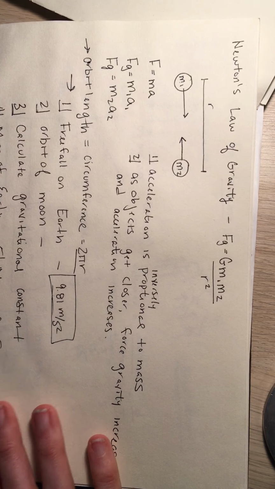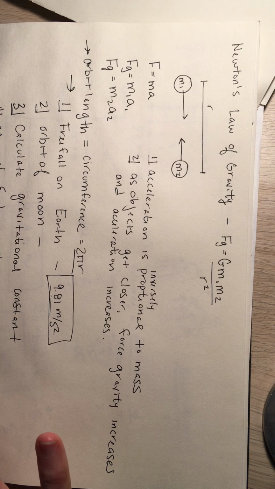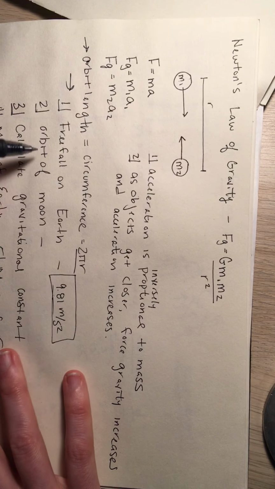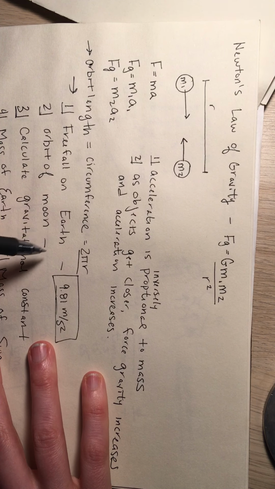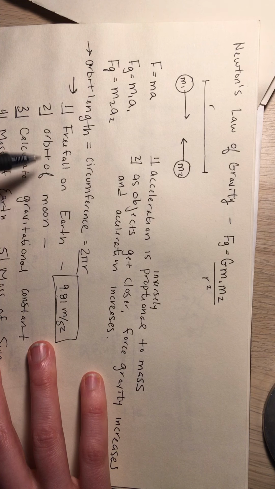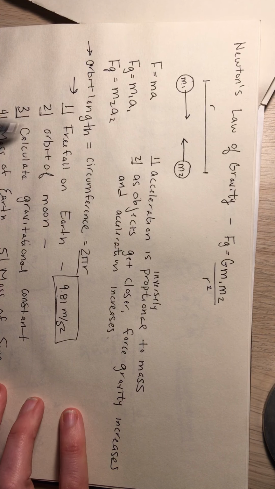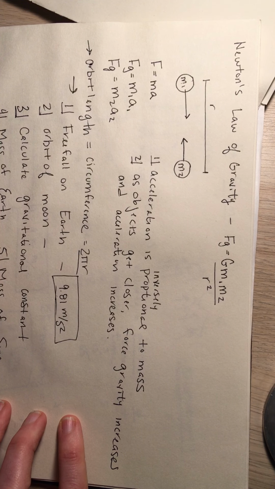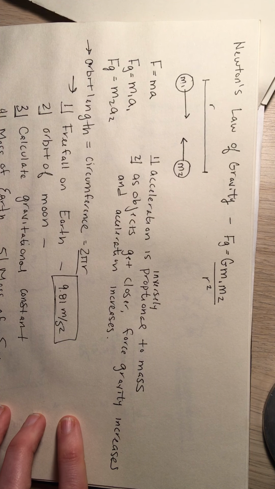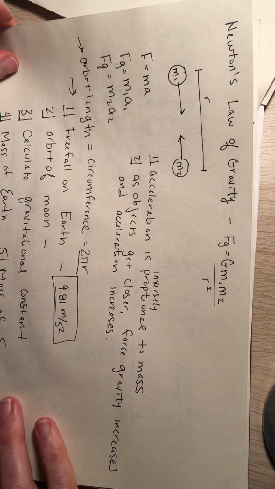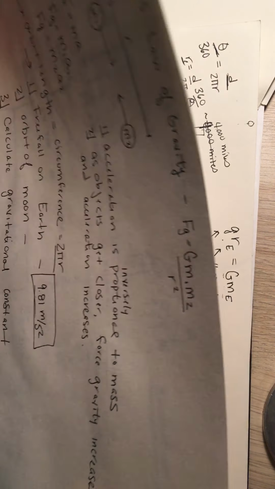We can use those observations and also geometry to calculate the distance between the moon and the Earth, which lets us calculate the mass of the Earth and the gravitational constant. And because those rules are generalizable, then we can use other observations of the sky to estimate the distance between the sun and the Earth.